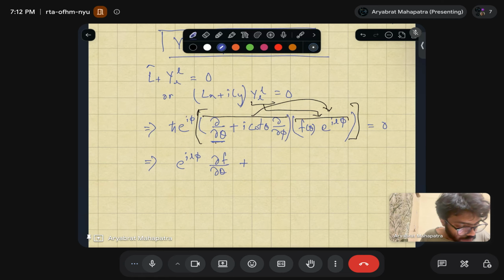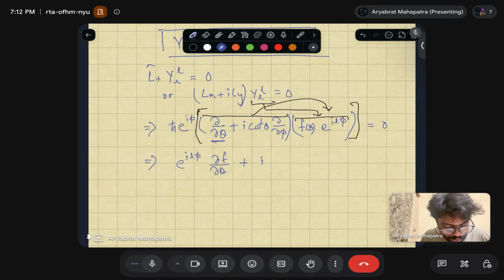For the second term you have I cot theta, which remains as it is, and you can pull out f of theta as well, because f is a function of theta.